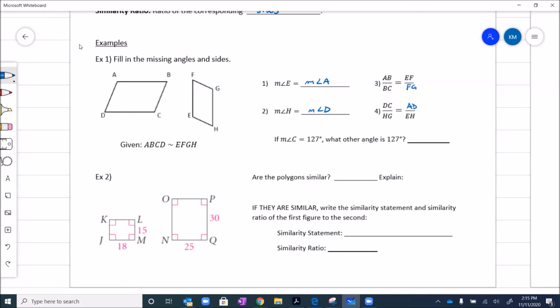Again, I'm just going back to this statement here to answer where this is going. Then it says if the measure of angle C is 127 degrees, what other angle is 127 degrees? So C's here, and this corresponding place is G. And so we know that the measure of angle G would have to be 127 degrees.